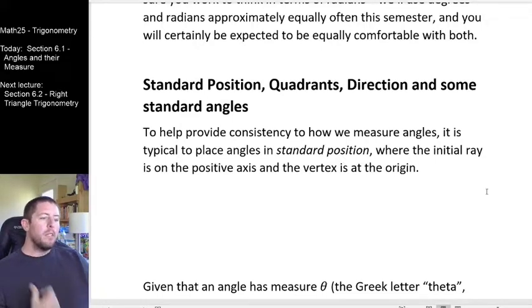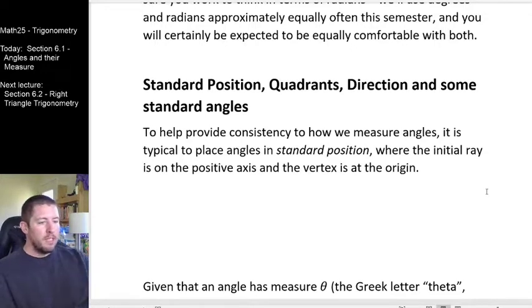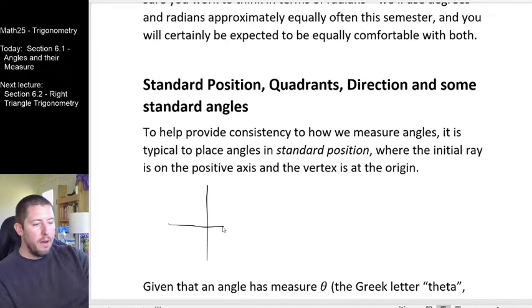All right. So to help provide us some consistency in how we measure angles, it's very typical that when we're drawing angles, we place them in what is referred to as standard position. Standard position means that we are imagining being in a two-dimensional coordinate plane where we place the vertex of the angle at the origin. We place the initial side of the angle on the positive x-axis.